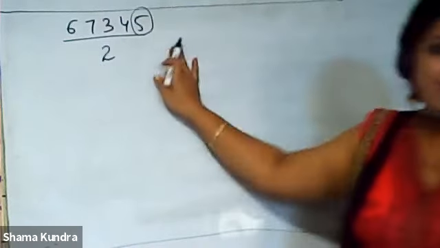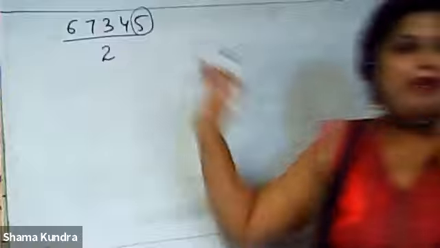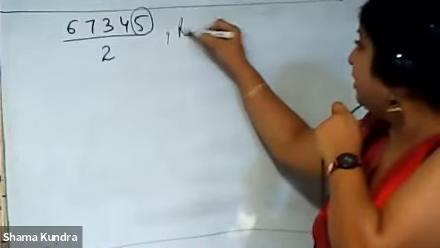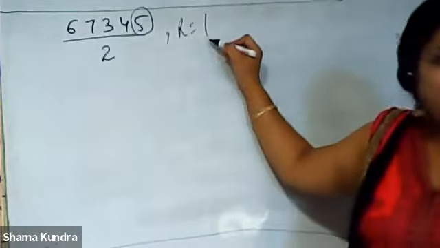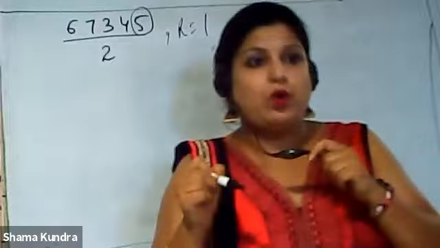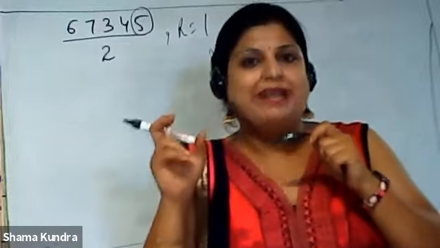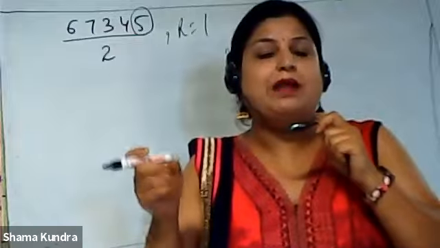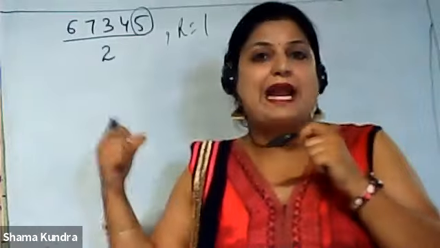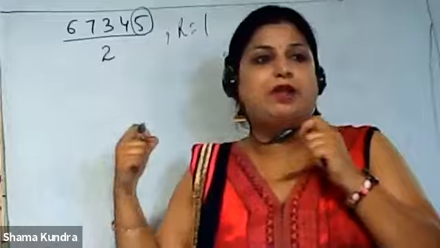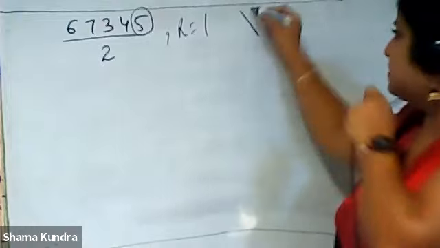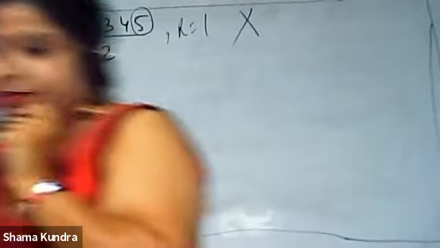Here the last digit is 5. When we divide 5 by 2, we get remainder 1. If we get remainder 0, then the complete number is divisible by 2. If we get a remainder other than 0, then the number is not divisible by 2. Here the remainder is 1, so this number is not divisible by 2.